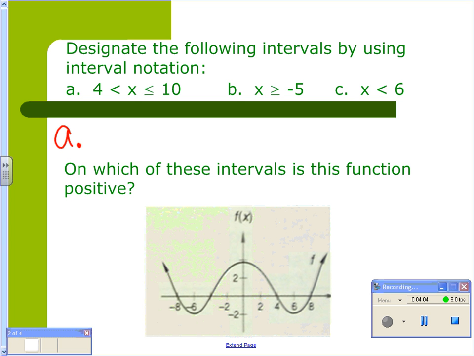Anyone want to come try figure out what the interval notation would be? Someone go ahead. I don't care.